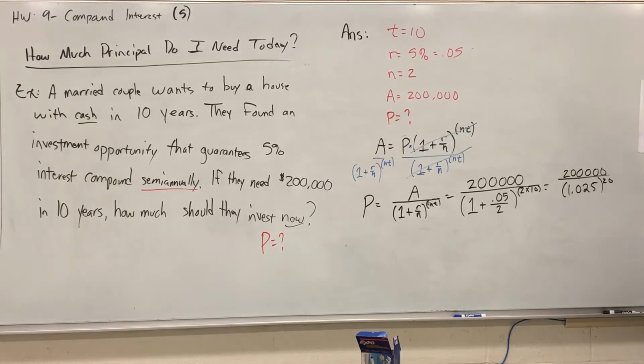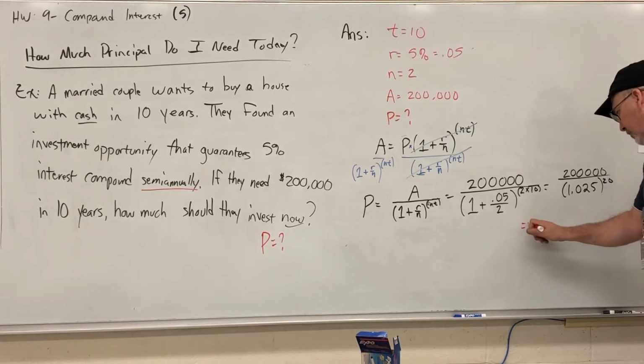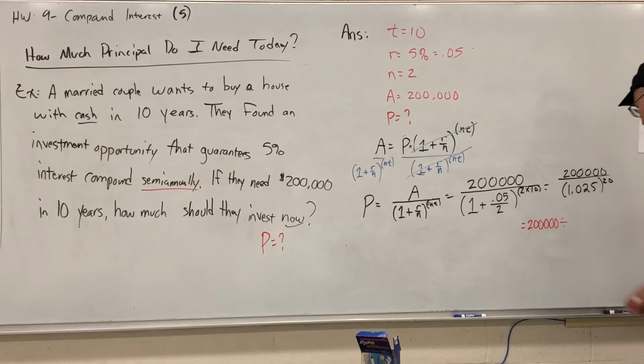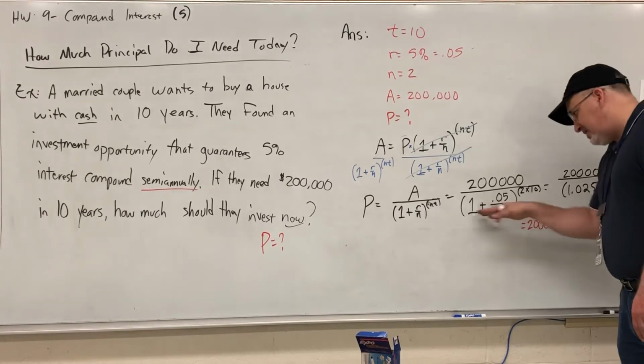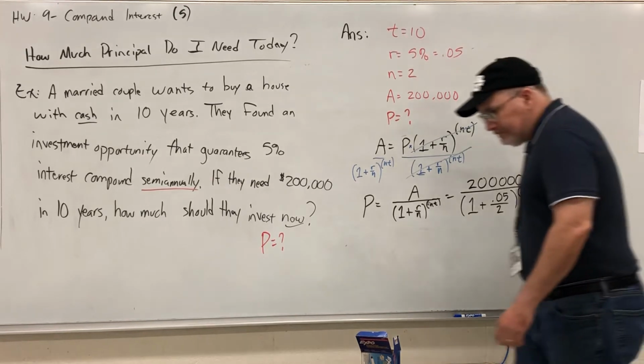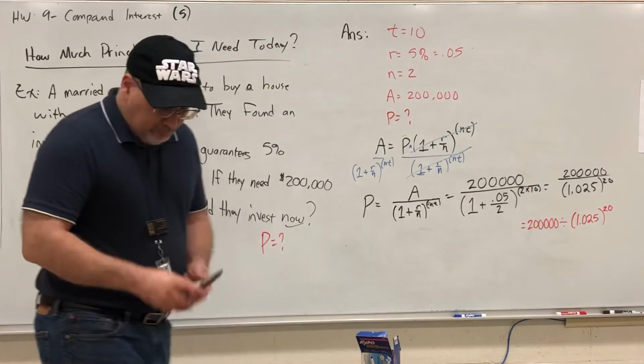Speaking of putting it in a calculator, we would put in 200,000 divided by, we really don't need these parentheses because there's just one number here. Had you typed this in, you definitely would have needed them. If you're not sure, type them. It's better to have them and not need them than need them and not have them.